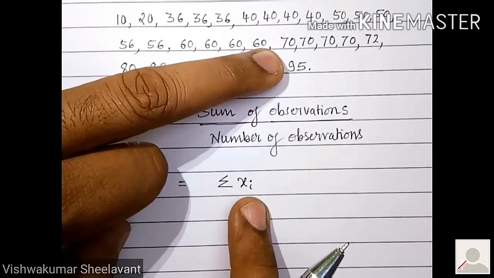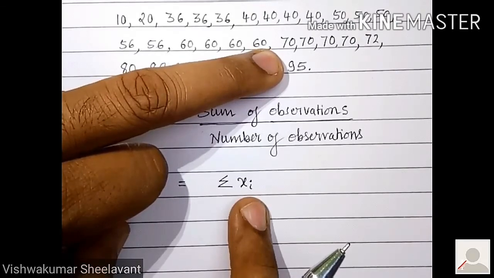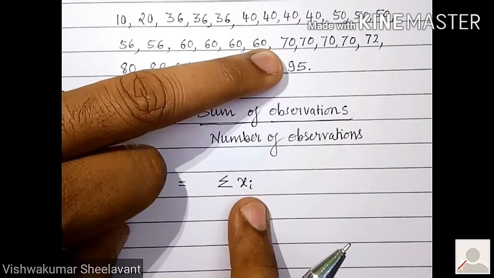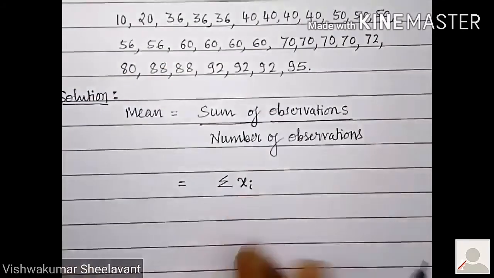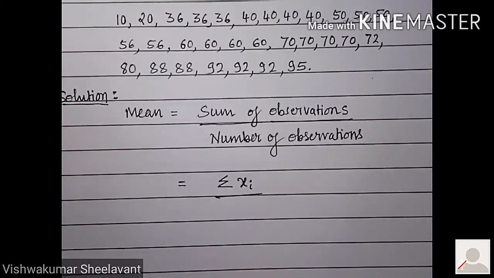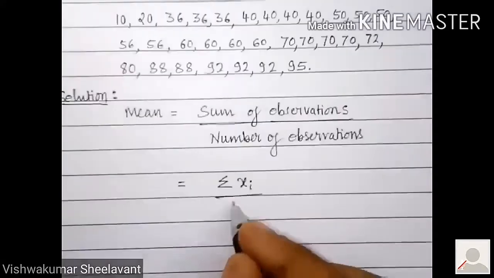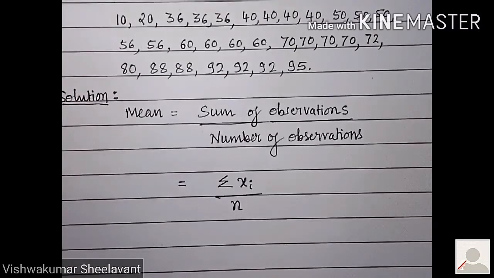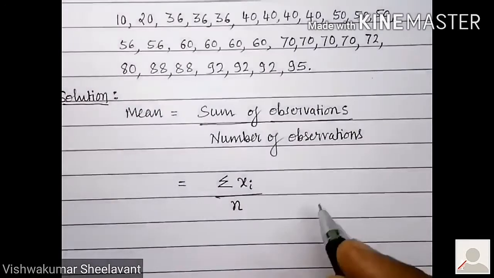So for last observation, what is I in our case? It will be equal to 30. Okay. Divided by n. What is n? N is number of observations. Is it right?